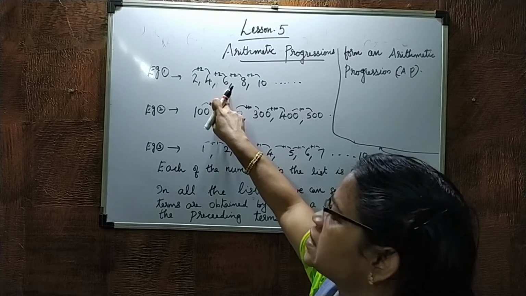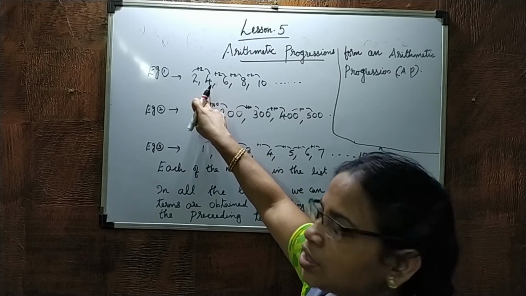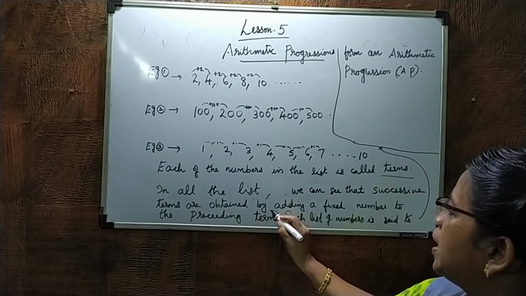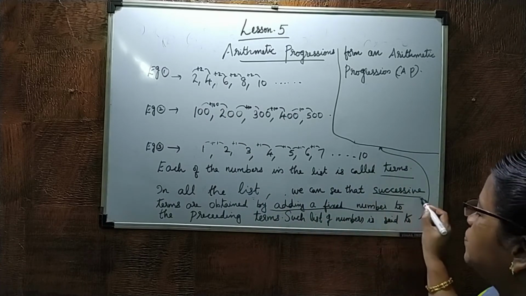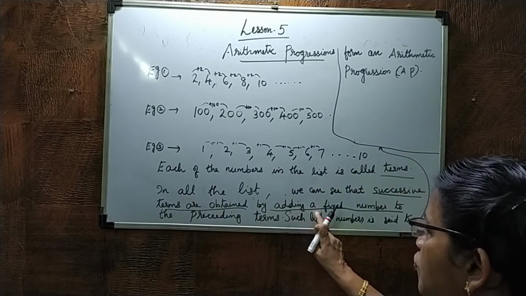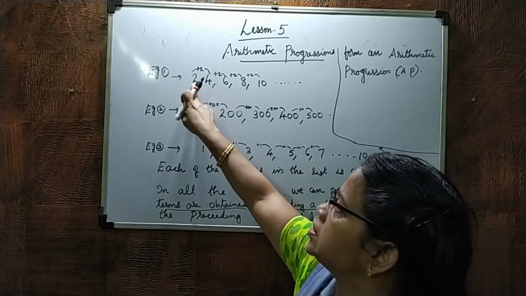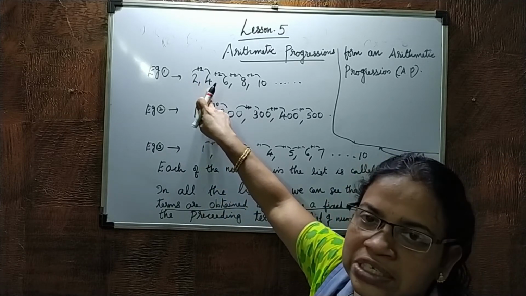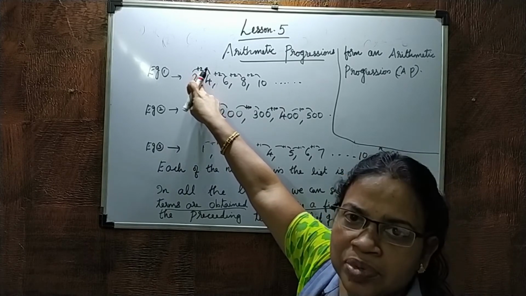Here 6 is a successive term, the preceding term is 4, right? So what did they tell you? Successive terms are obtained by adding a fixed number to the preceding terms. So this is the preceding term, this is a successive term, right? Adding a fixed number, here 2 is the fixed number.